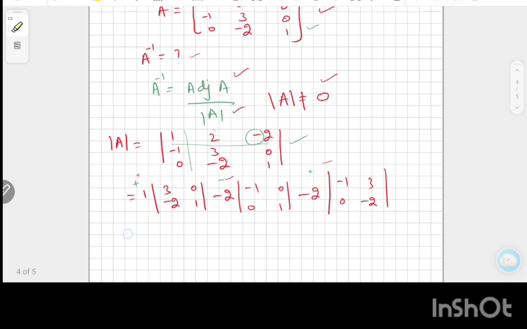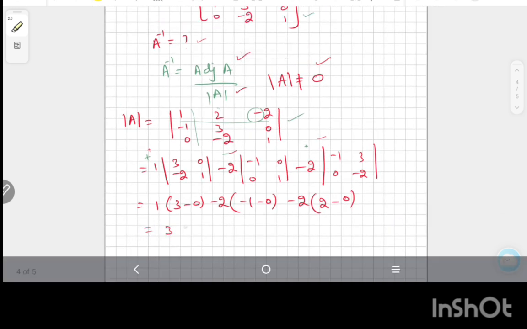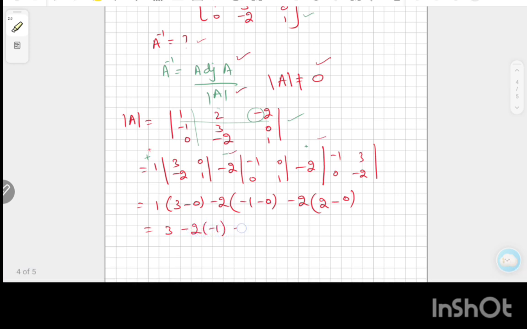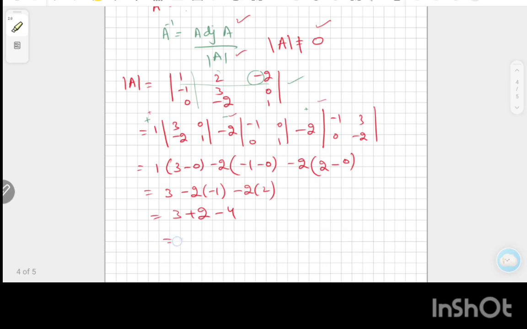Here next one is 3 ones are 3 minus 0, minus 2, minus 1 minus 0, minus 2. Here minus 1 or minus 2, it will be positive 2, 0 minus 3, it will be 0. So if we multiply all these terms, 3 minus 2 into minus 1, minus 2 into 2, so we get 3 minus positive 2 and minus 4, so 5 minus 4, we get the answer plus 1.